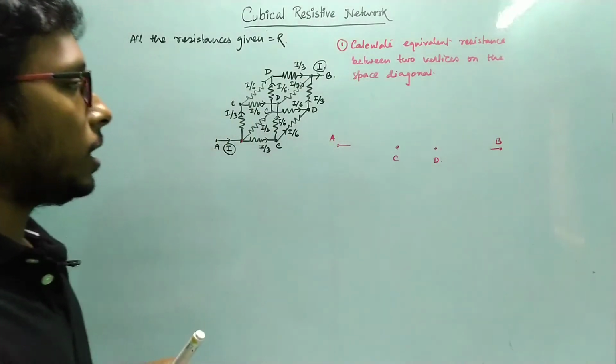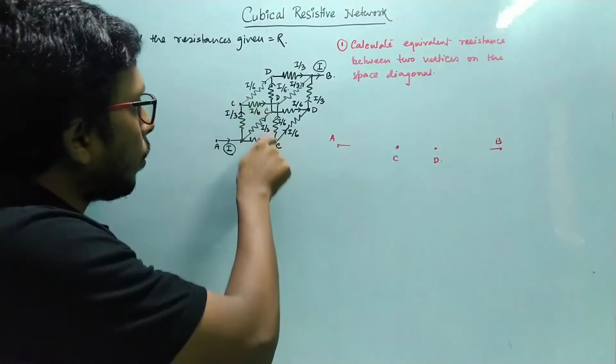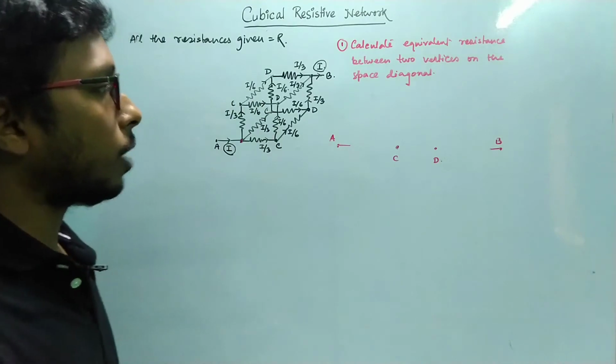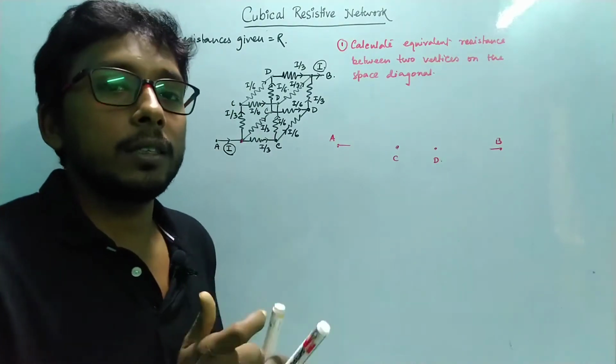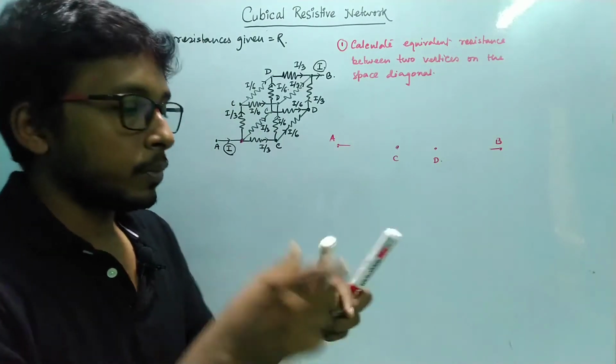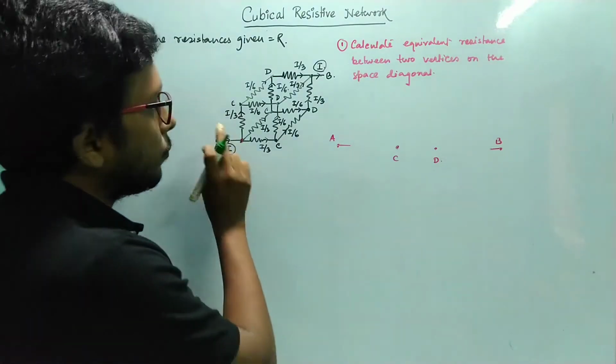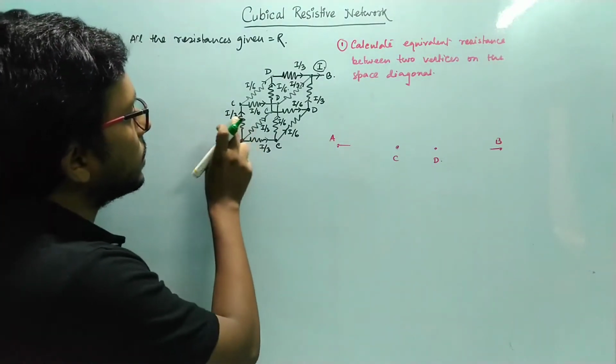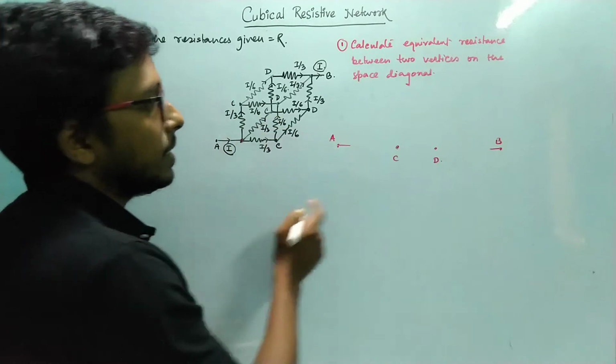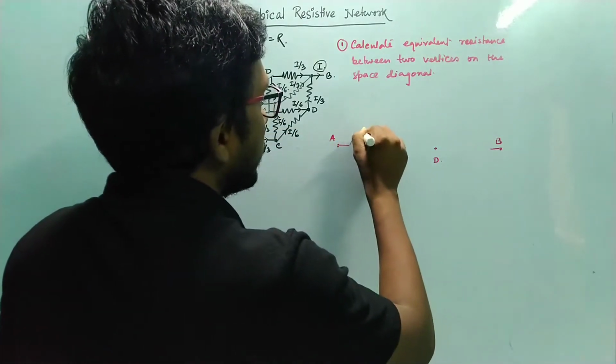As the potential of all three C's are equal, so I can short them, or I can join them together. So look, from A there are 3 resistances which are ending at C. So I can draw like this.